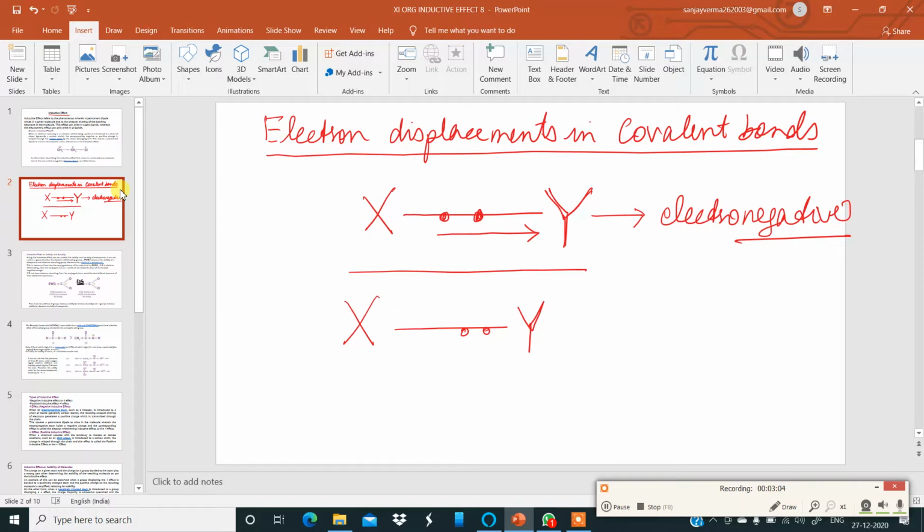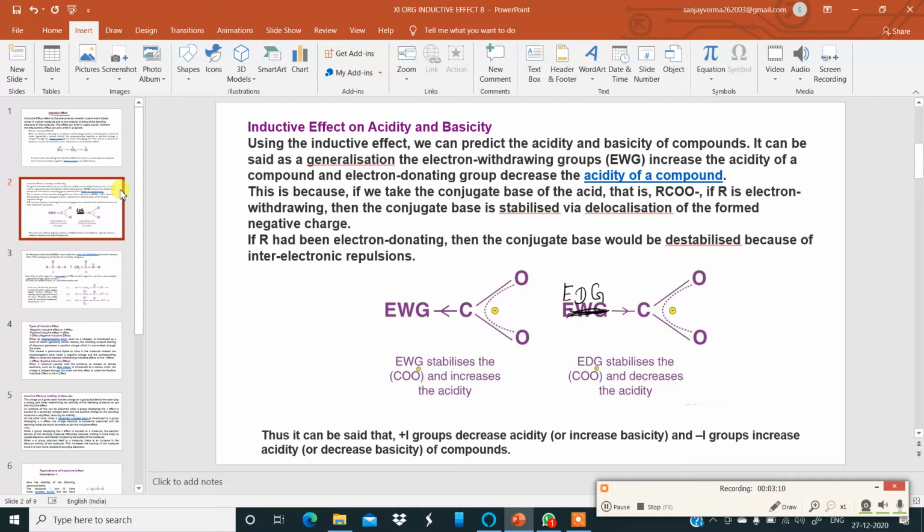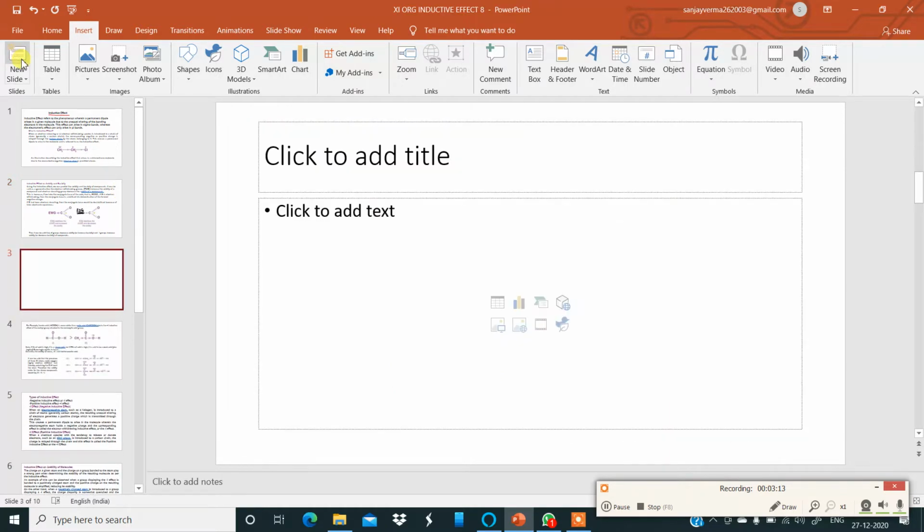Now, my dear students, if you look at organic compounds, they are mainly covalent compounds.